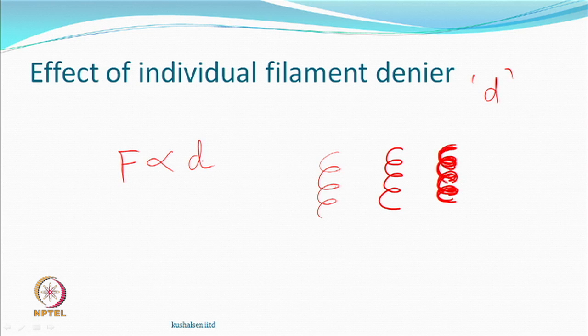I am just trying to draw maybe a thicker helical thing. You want to stretch this versus this versus this, which will be easier to stretch, or which will offer more resistance? The one with the larger diameter, right.